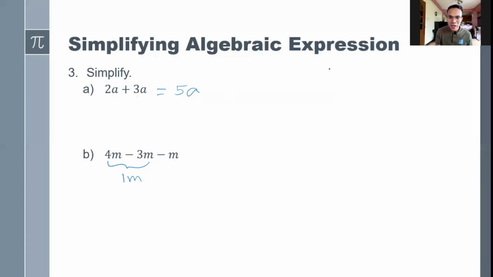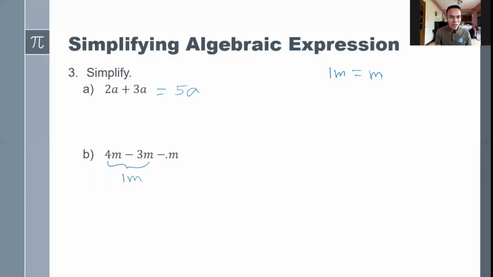So I just would like to emphasize this, that 1M is the same as M. You don't have to put the 1 beside M because it's already understood that there's a 1 here. Okay? 1M is the same as M. If there are 2 M's, then you have to put 2. As simple as that.